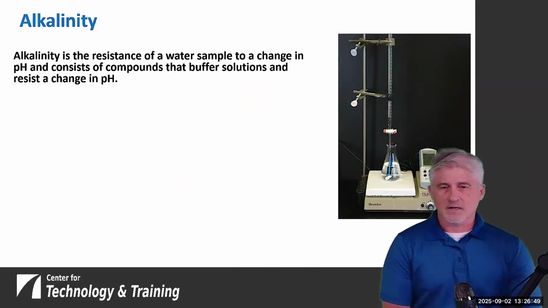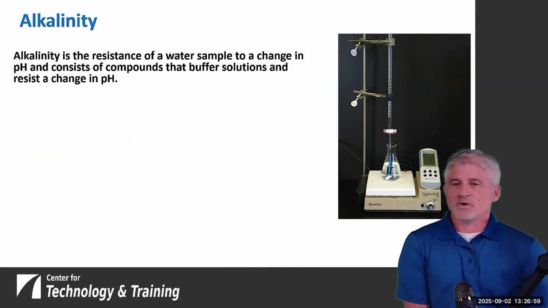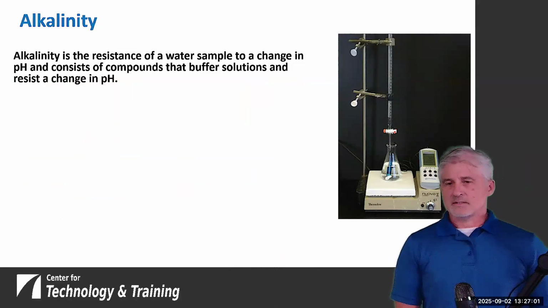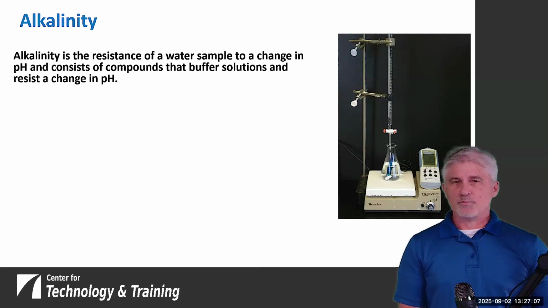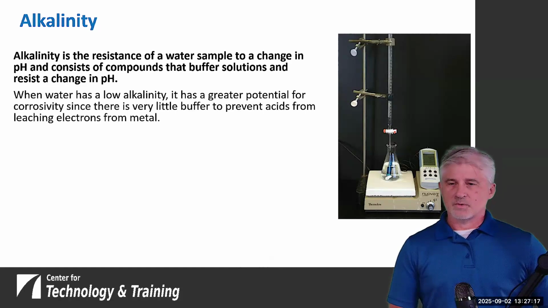So another one of the important things to consider with surface water treatment is alkalinity. Alkalinity is important because it's the resistance of water to change in pH. It's got compounds that buffer and resist that pH from changing, and that can be helpful in a lot of different ways.